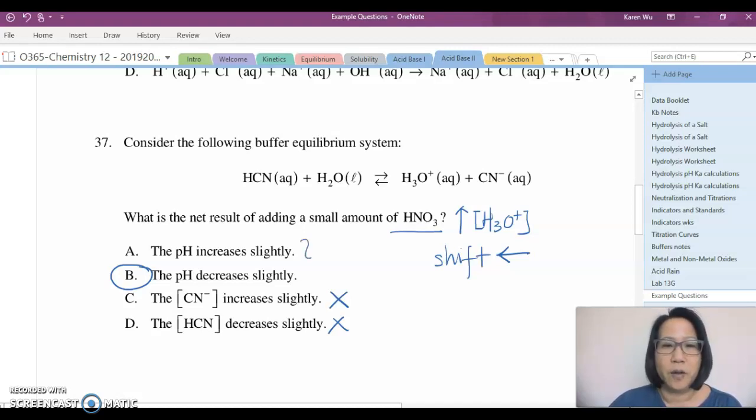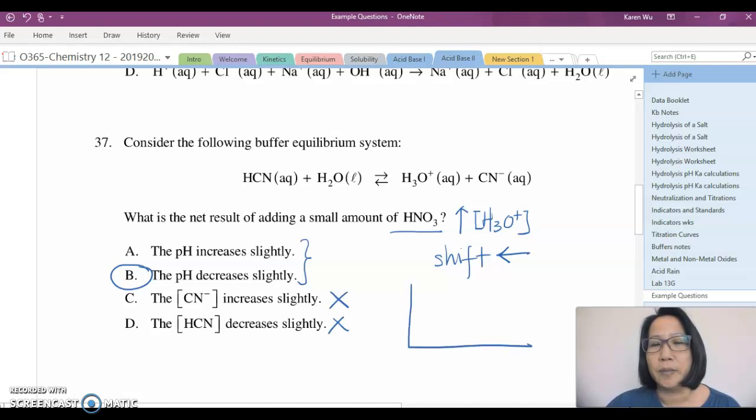So then we're left with those two choices. So let's go back. Adding hydronium, it's kind of like this. Remember the equilibrium section? We drew curves. It's kind of like we've increased the concentration of hydronium, and we shift to the left to bring it back down, but we never quite bring it back down to where it had been.